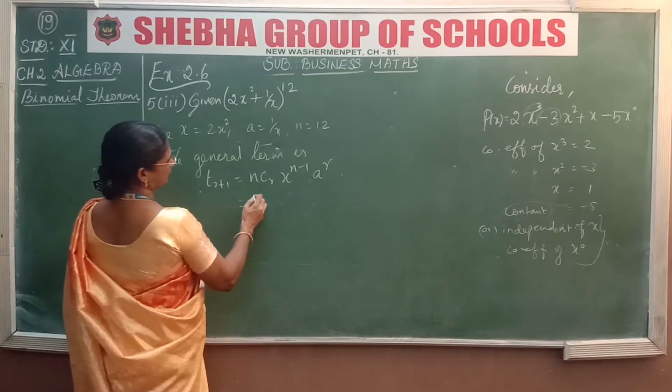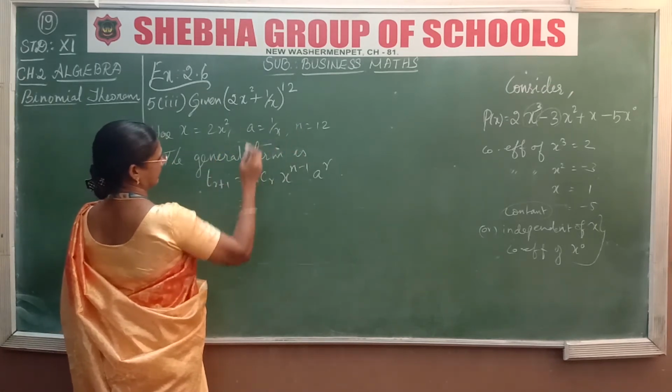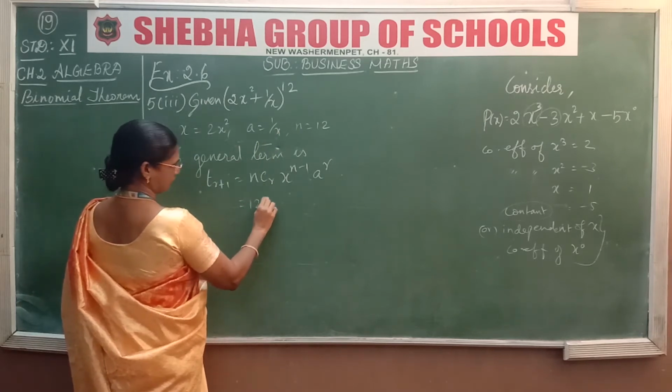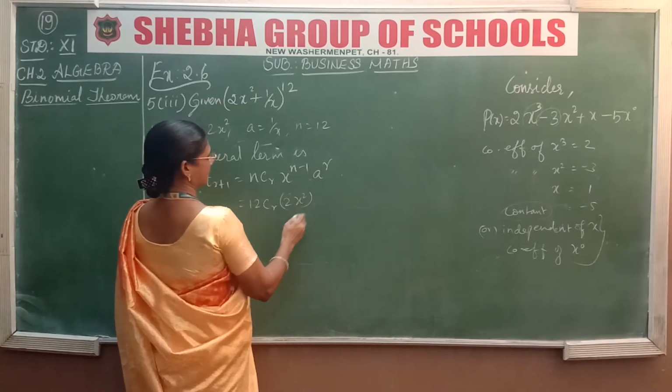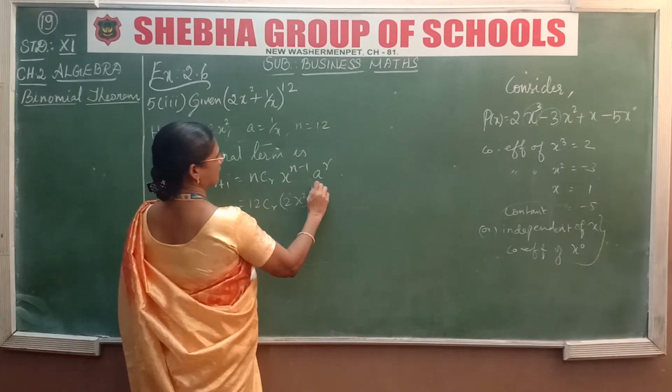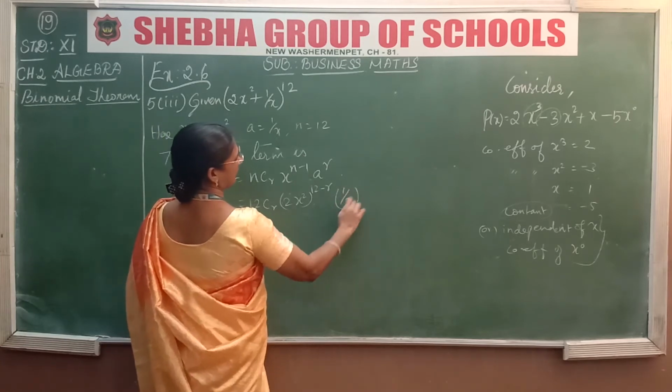So substituting the values of x, a and n is 12, it is 12Cr, and x is 2x square power n minus r, that is 12 minus r, into a is 1 by x power r.